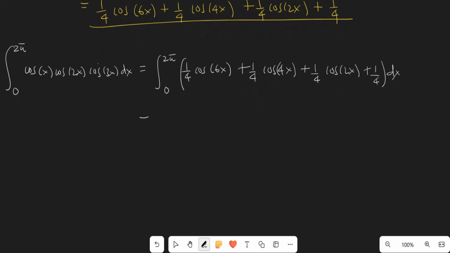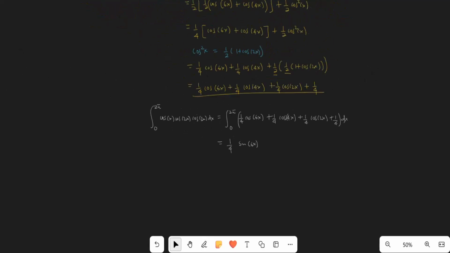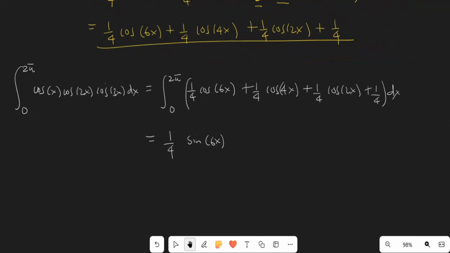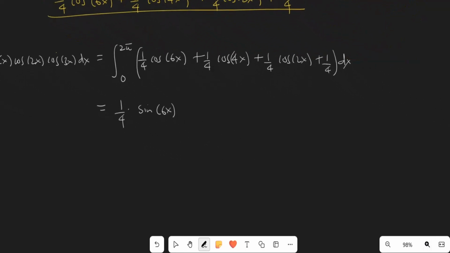So we are now ready to integrate, term by term. That is going to be 1/4 the integral of cosine of 6x. The integral of cosine is sine, so sine of 6x. Then we differentiate the angle, which is 6x, we get 6, and then we divide by 6. That is how we integrate that.